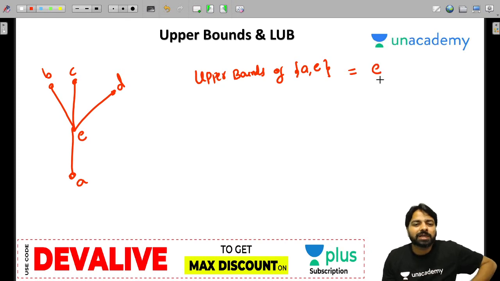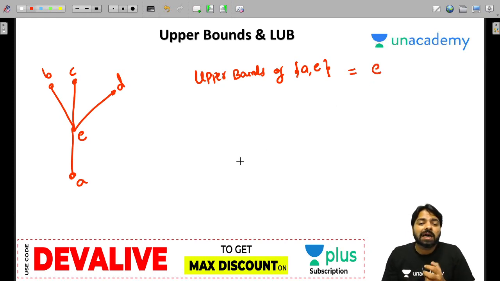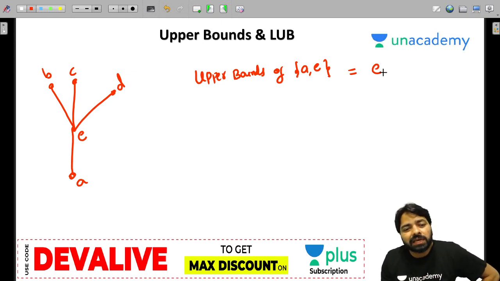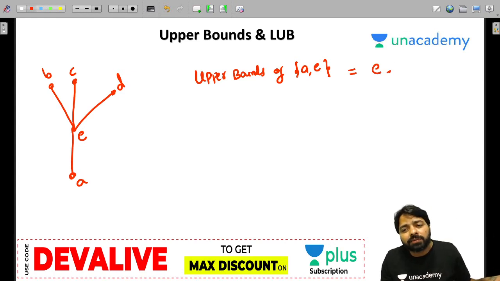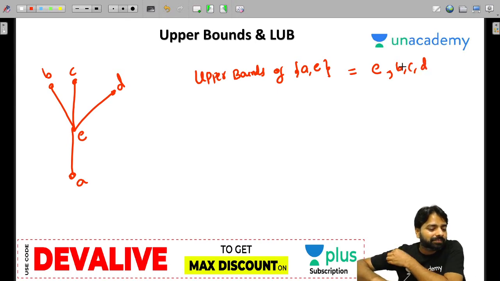You will get E, because E is a successor. Now look at element which is successor to all of the given elements of the set. E itself, it's there in the set, also it dominates everyone. And apart from this, B, C, D, everybody is a successor to A and E.